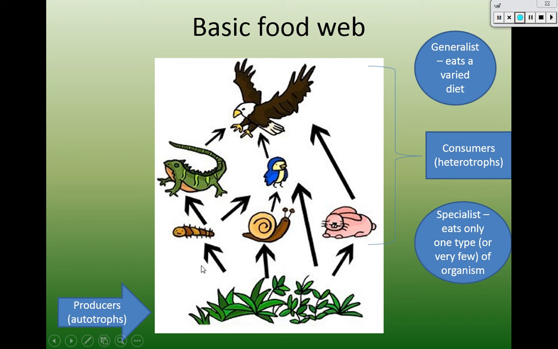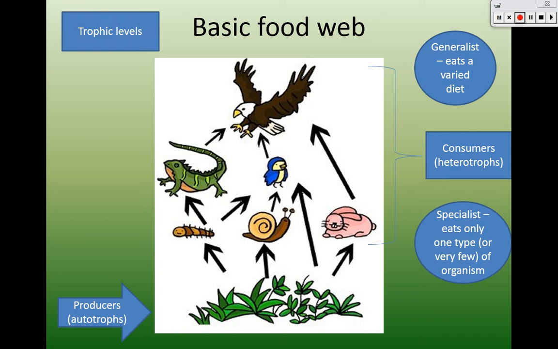Be really careful though, if you're a snail and you eat only producers, but you can eat 20 different types of vegetation, 20 different species, that's a generalist. So you have to think species, not like human random category.